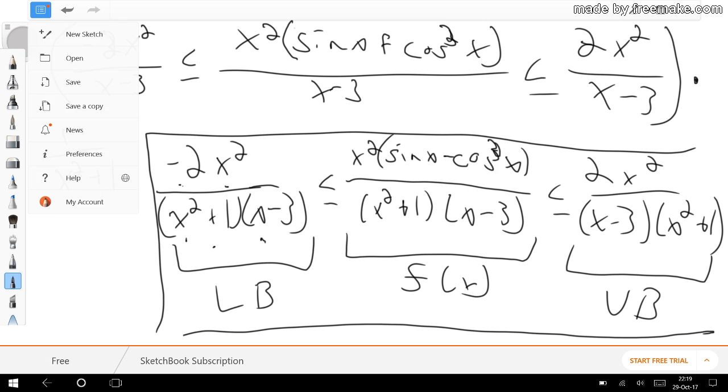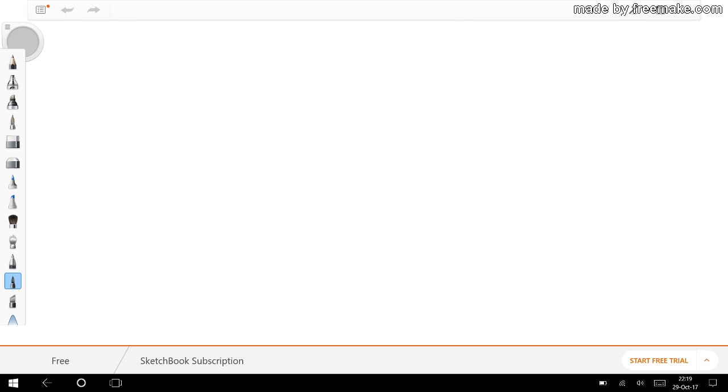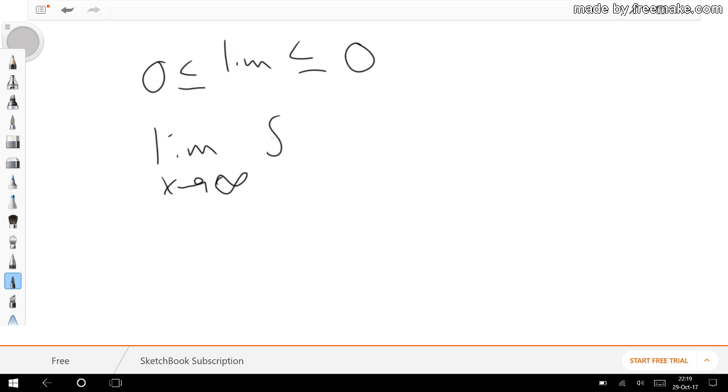So what we figure out is that 0 is less than or equal to our limit, which is less than or equal to 0. And again, that just proves that the limit as x approaches infinity, and I'm just writing it as f of x because I'm way too lazy to rewrite everything, is equal to 0.